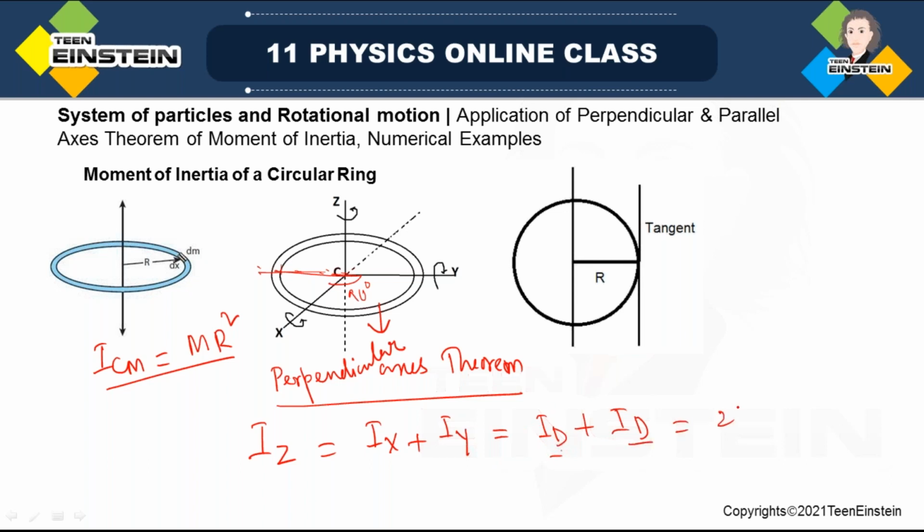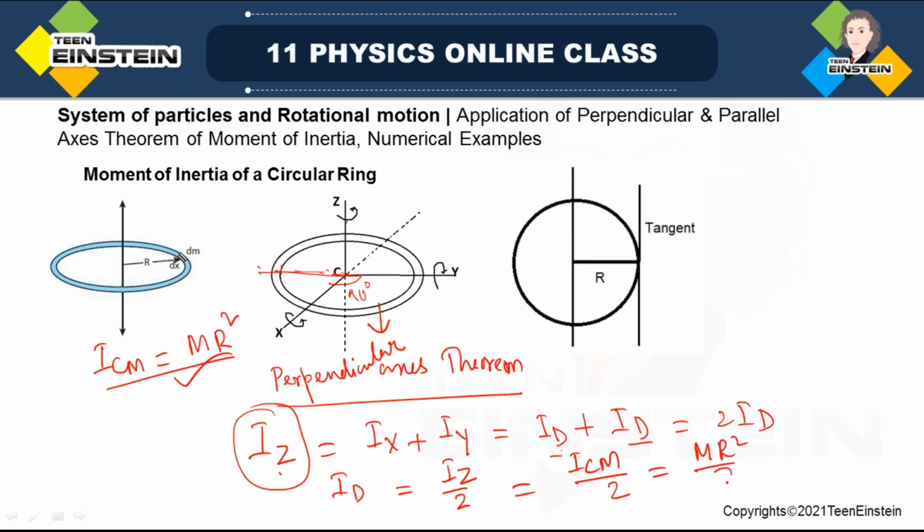So the right-hand side will be 2Id. And you know this thing, right? We have already calculated it. This is the moment of inertia about the center of mass. This z axis passes through the center of mass and is perpendicular to the plane of the ring. So Id, the moment of inertia about any diameter, is equal to Iz by 2. Iz is nothing but ICM for the ring, and ICM is m r square, which we have already got.